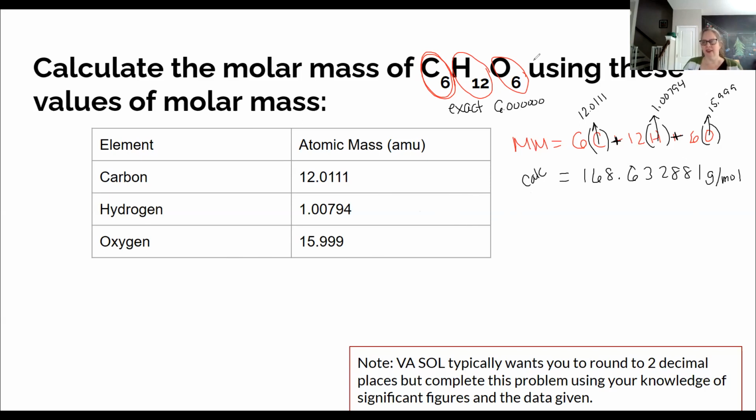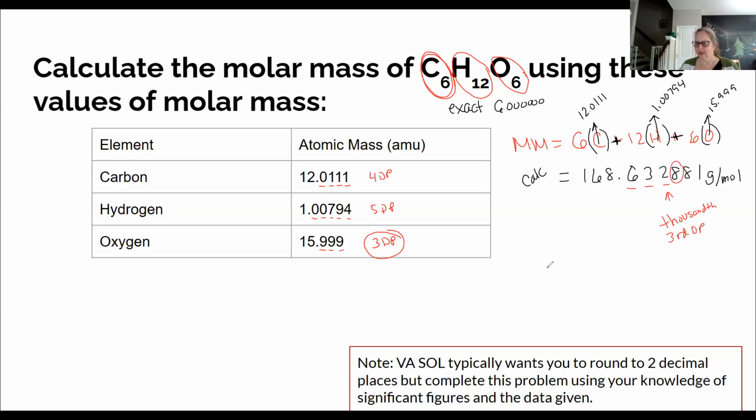Adding and subtracting, least decimal place. 1, 2, 3, 4 decimal places. 1, 2, 3, 4, 5 decimal places. 1, 2, 3 decimal places. So I'm going to round my answer to 3 decimal places, to the nearest thousandth.